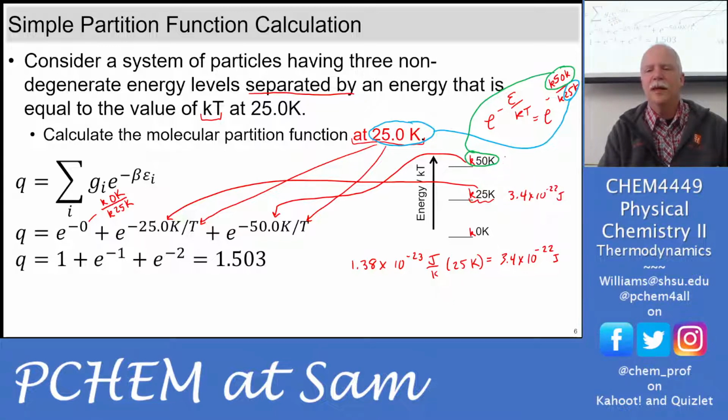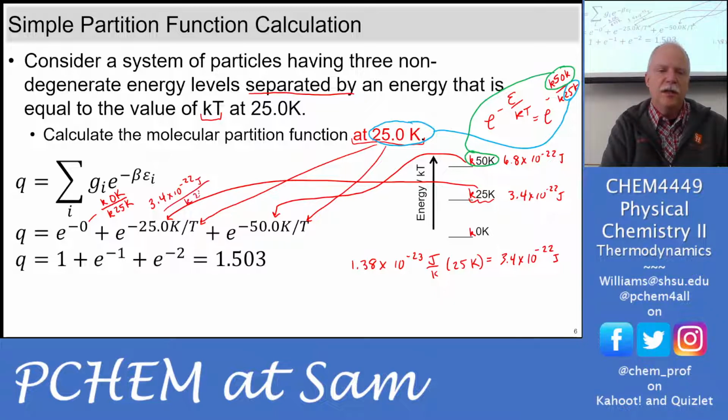The next one would be twice that, so 6.8 times 10 to the negative 22 joules. And this would work as well. And so then in our problems, we would have this one over here be 3.4 times 10 to the negative 22 joules divided by K times 25 Kelvin, which is 3.4 times 10 to the negative 22 joules.